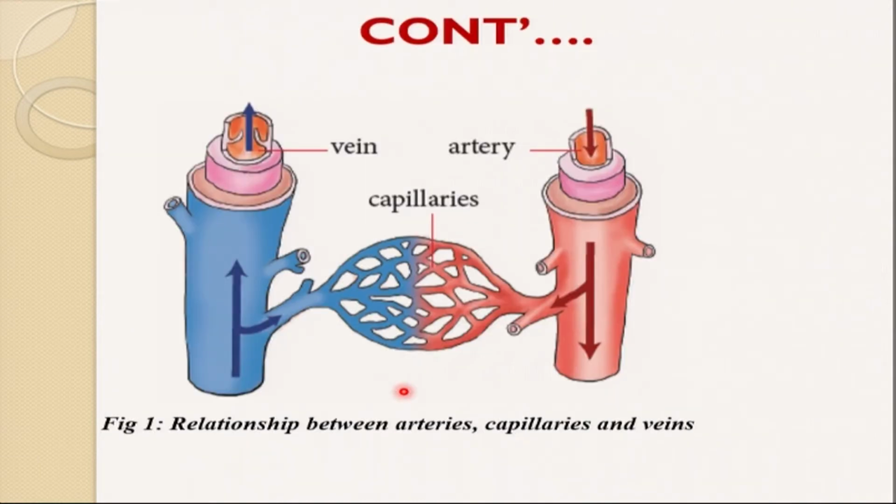So let's talk about the structure and anatomy of the veins, arteries, and capillaries. We have the diagram. Students, I would engage you to observe it properly, the diagram that shows the relationship between arteries, capillaries, and veins. Take your time and observe.